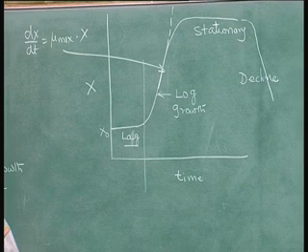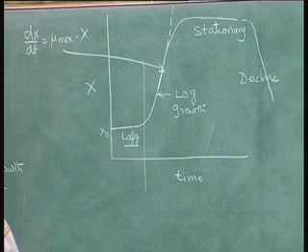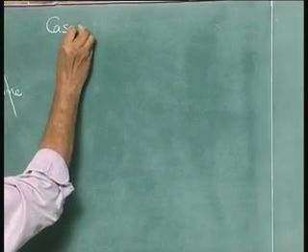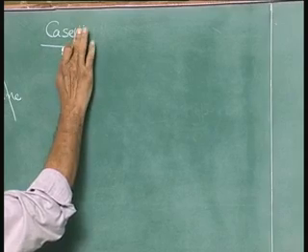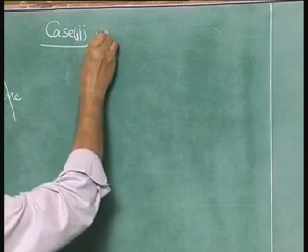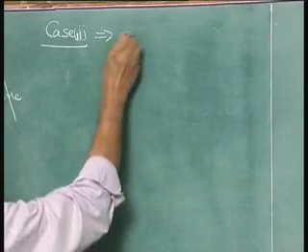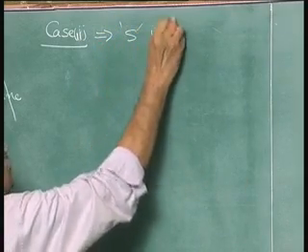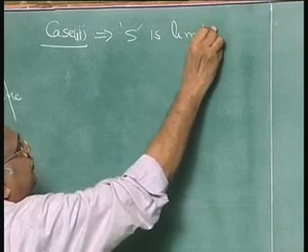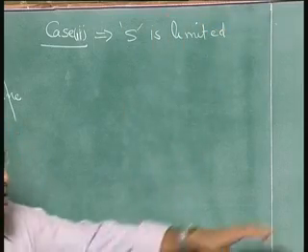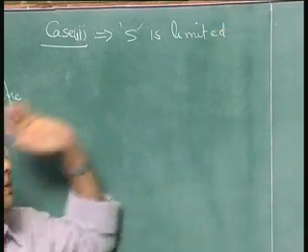As the quantum of food is getting reduced, we can consider a second case, case number 2, when the food is limited. When the food is limited, S is limited. The first case is unlimited food, the second case is limited food.